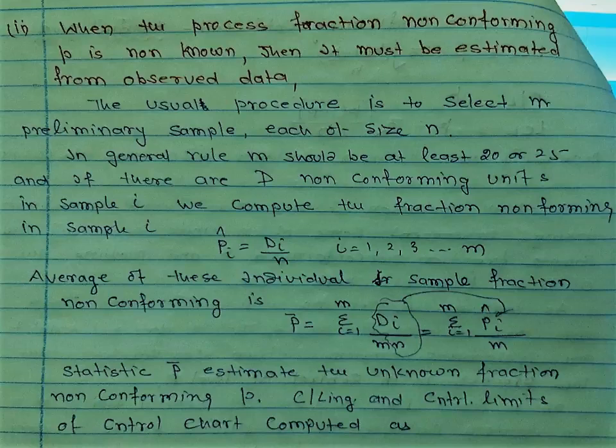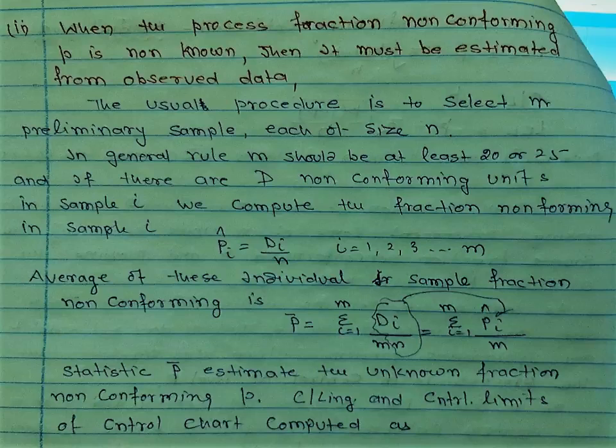That means while producing a product in various shifts, we have to decide the interval and we collect the sample, and every time the sample size is constant. So for example, during a day we are collecting m samples, and every time the sample size is a constant value, that is n.